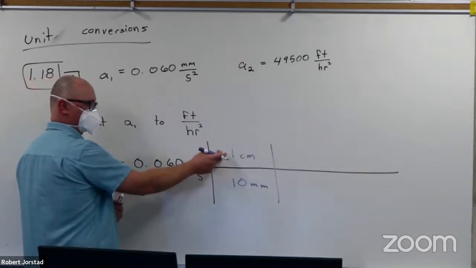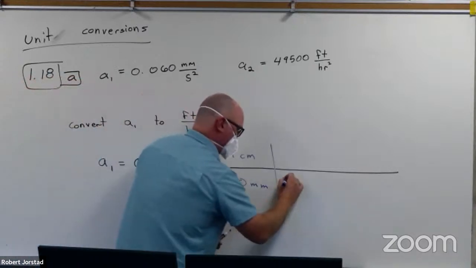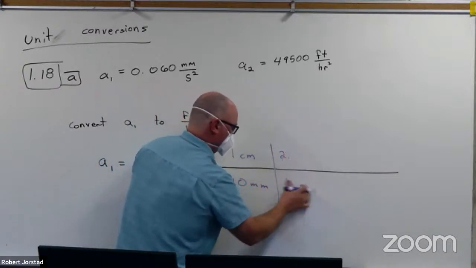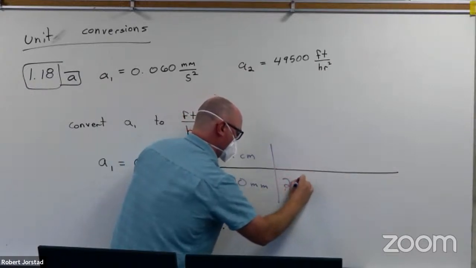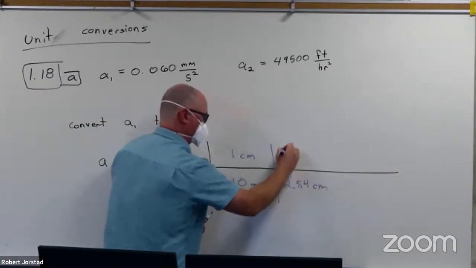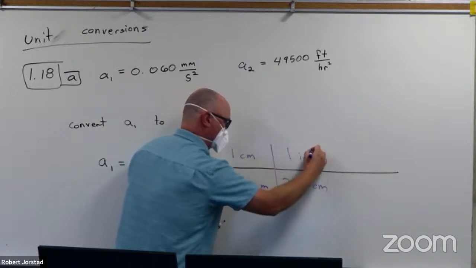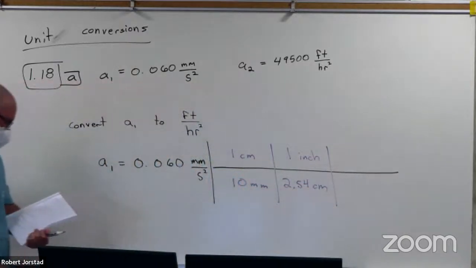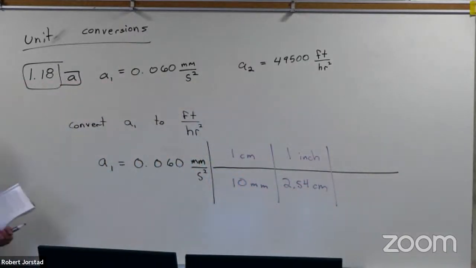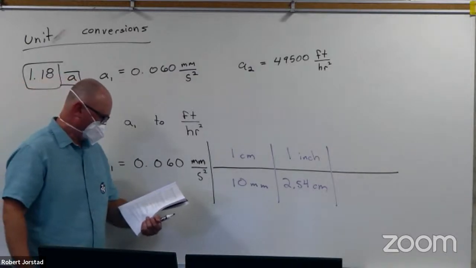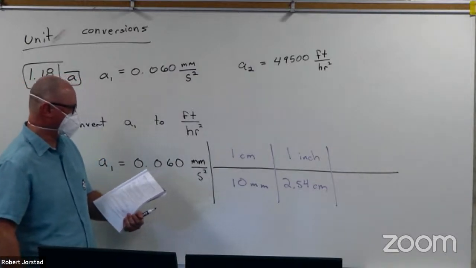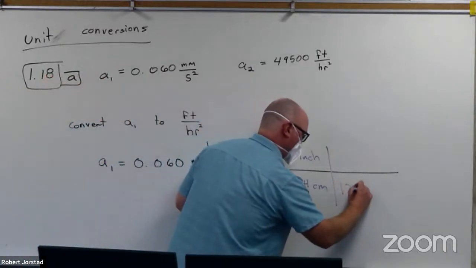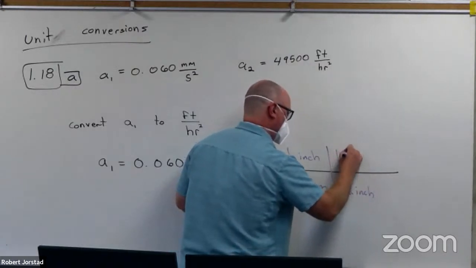I know the conversion between centimeters and inches: 2.54 centimeters is exactly equal to 1 inch these days. It wasn't always that way, but it's been that way for some number of years now. They made that an exact conversion. All right, what else do we have to do? Yeah, 12 inches, 1 foot. Got it.